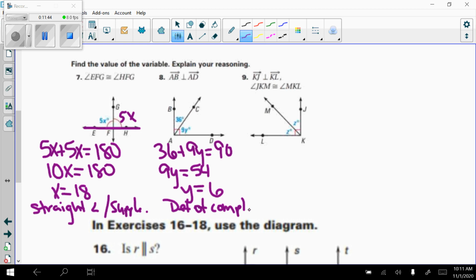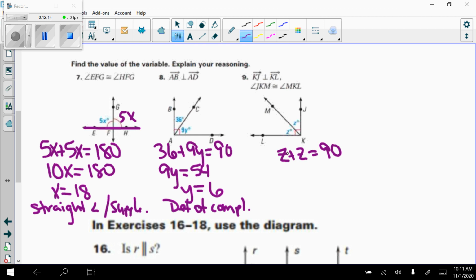The next one, it tells me that ray KJ is perpendicular to ray KL. And it tells me that angle JKM is congruent to angle MKL, and they have labeled them both Z. Perpendicular tells me that they are 90 degrees. So I know that Z plus Z has to equal 90. There's my equation.